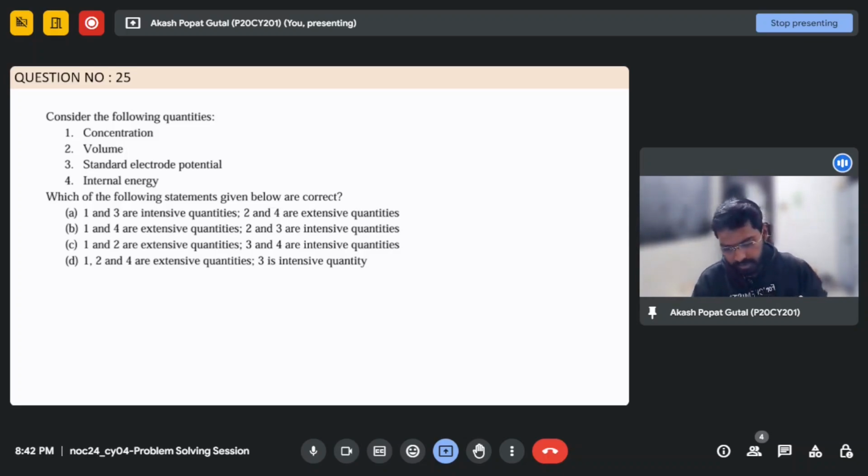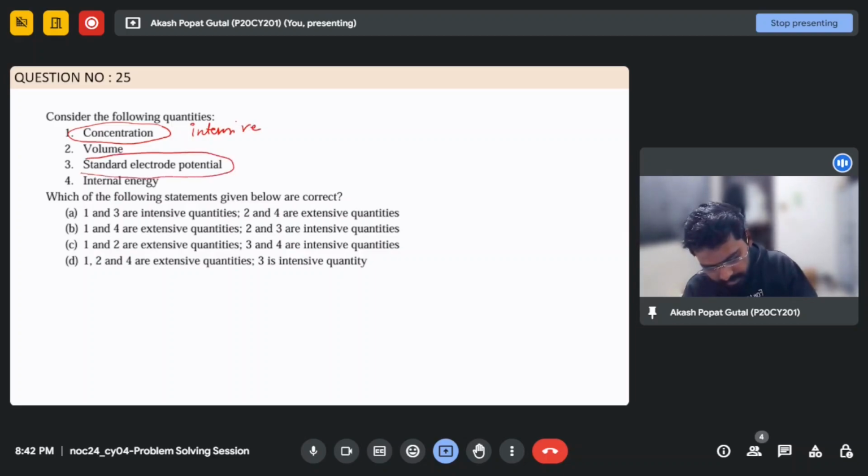As you can see, the concentration is independent of the quantity that we take, so it should be an intensive property. And the standard electric potential is also independent of the quantity that we take, so it's an intensive property. And we have volume and internal energy.